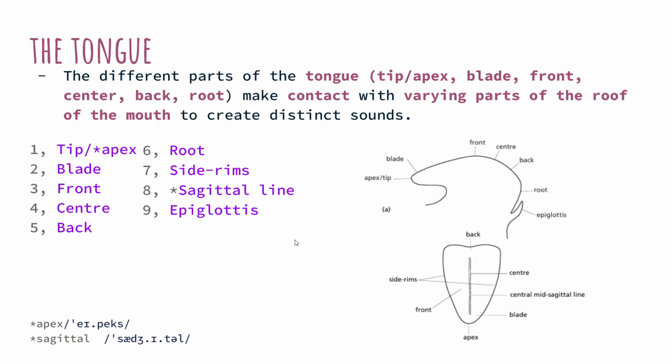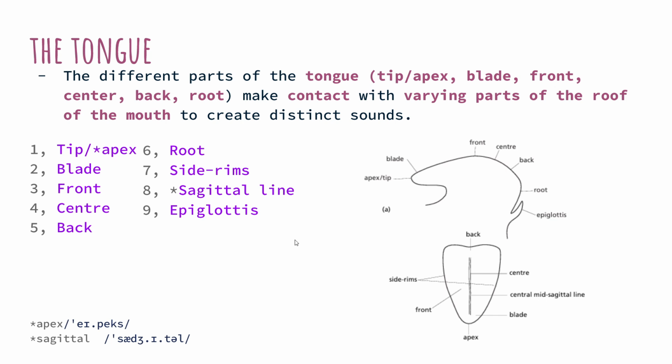Now let's look at the tongue. The different parts of the tongue, such as the tip or apex, the blade, the front, the center, the back, and the root of the tongue, are the most important components of the articulators.